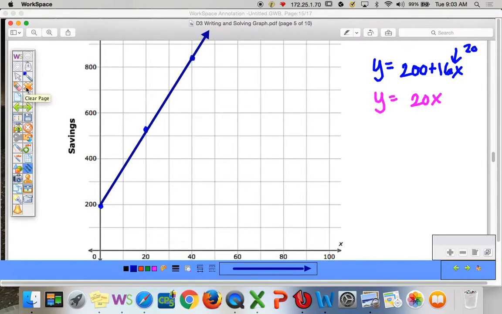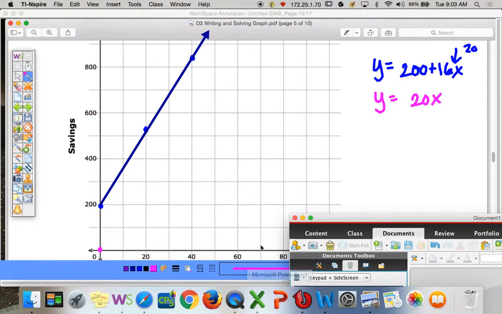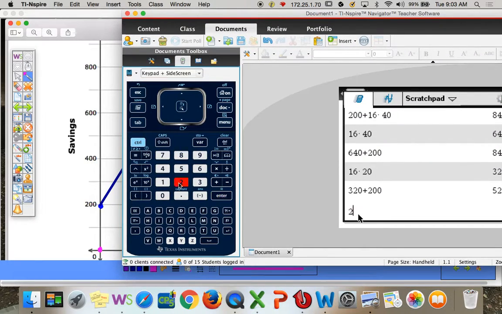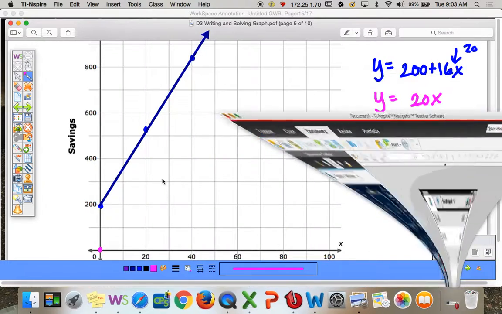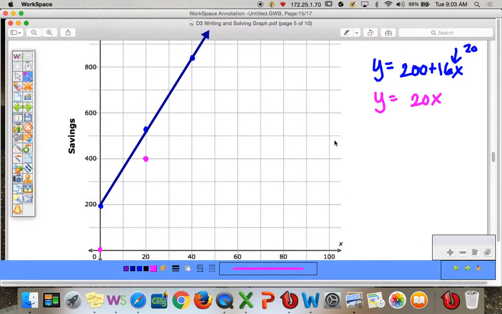So there's Maddie. Lily starts at 0, but she goes up $20 every week. So let's do 20 times 20 for 20 weeks. Calculator here. So 20 times 20 is 400. Okay, so she's 400 here. Let's do 20 times 40.